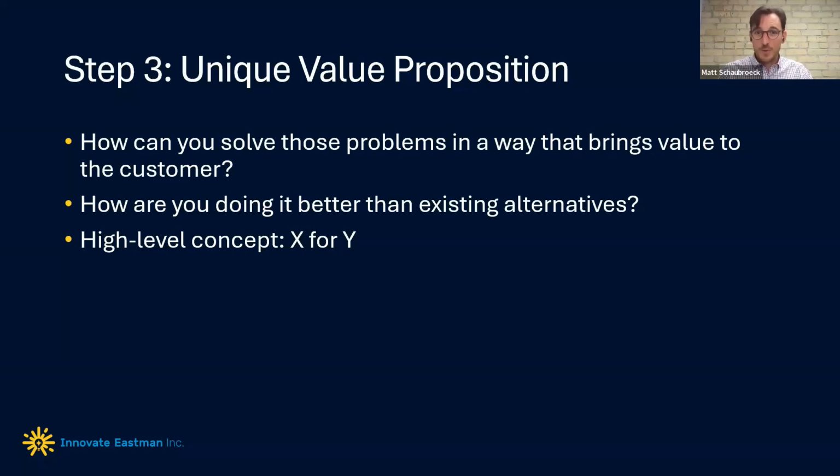And if we can identify what makes us unique among others and why we are doing it better than those alternatives, then that puts us in a really strong position to have value that speaks directly to a customer need.